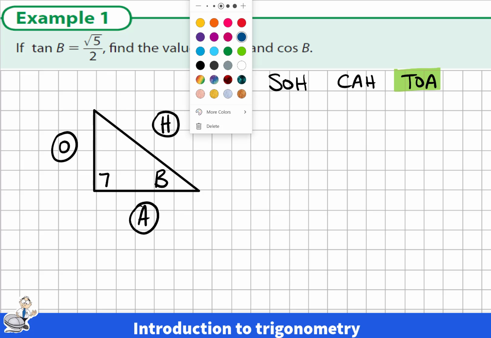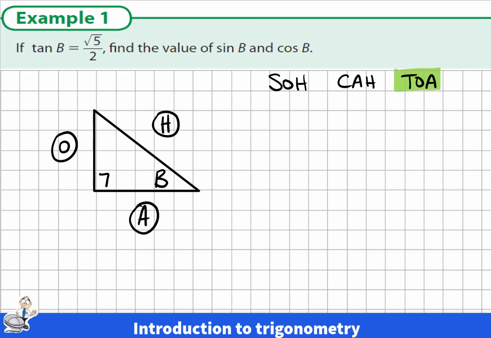Which ones do we know? When it tells me that tan B is equal to root 5 over 2, what it's telling me is that the opposite over the adjacent is root 5 over 2. So I can label the opposite side root 5, and I can label the adjacent side as 2.